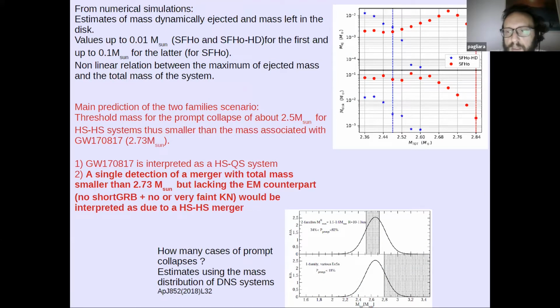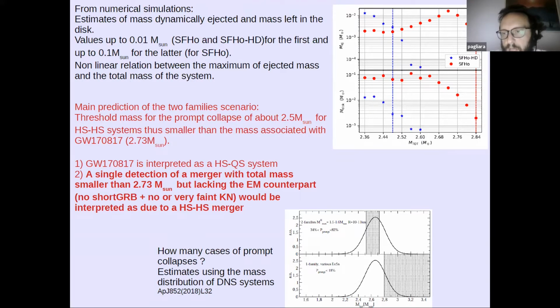We have performed in the past numerical simulations of mergers of two hadronic stars. And since our hadronic stars are very small, because the equation of state we are considering is soft, what we found is that the threshold mass for prompt collapse is of the order of 2.5 solar masses. Now, this is an interesting point because in the standard one family scenario, since for GW170817 we have not observed a prompt collapse for 2.73 solar masses, what we expect in one family is that if we have systems with a mass smaller than this number, we do not expect any prompt collapse.